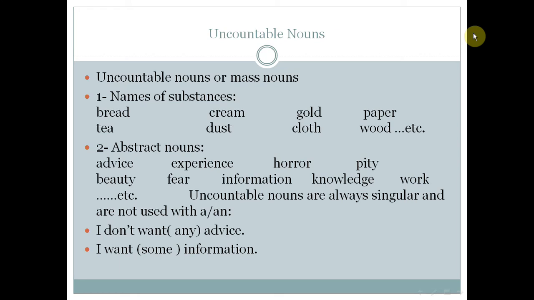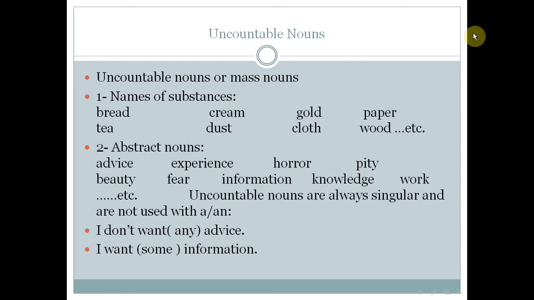So we say, for example, bread is white or brown. We say tea is hot. So uncountable nouns are always singular and are not used with a and an. We can't say a bread, it's wrong.